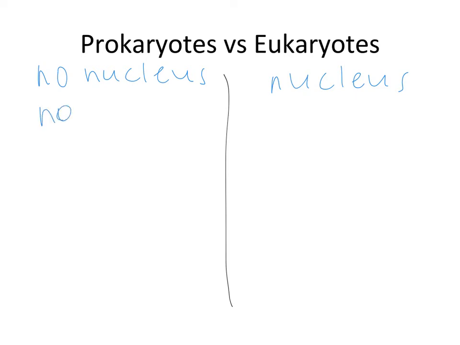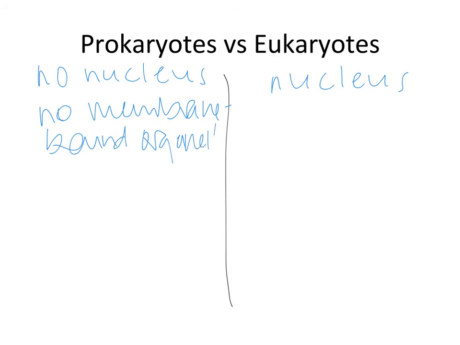Prokaryotes have no membrane-bound organelles, but eukaryotes do have them. Things like Golgi apparatus, endoplasmic reticulum, the nucleus, mitochondria, chloroplast, things that have a membrane around them.